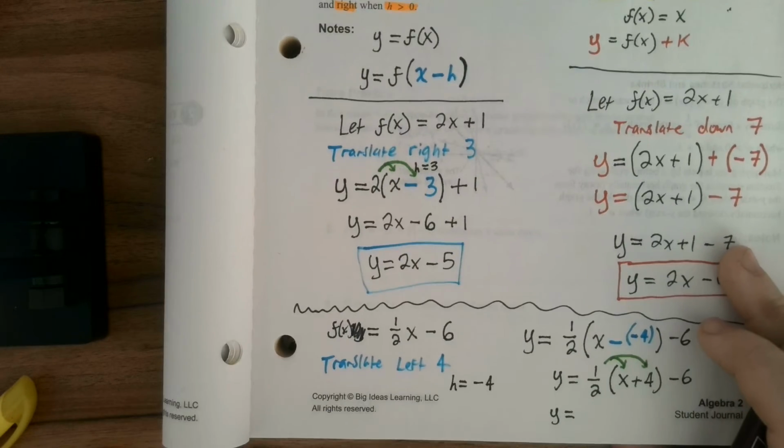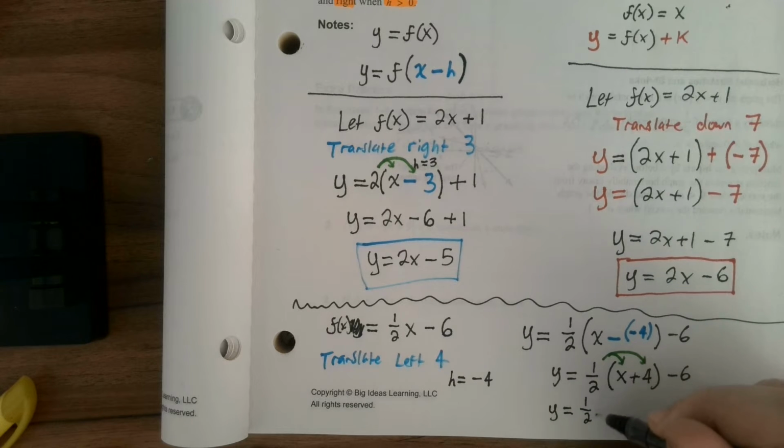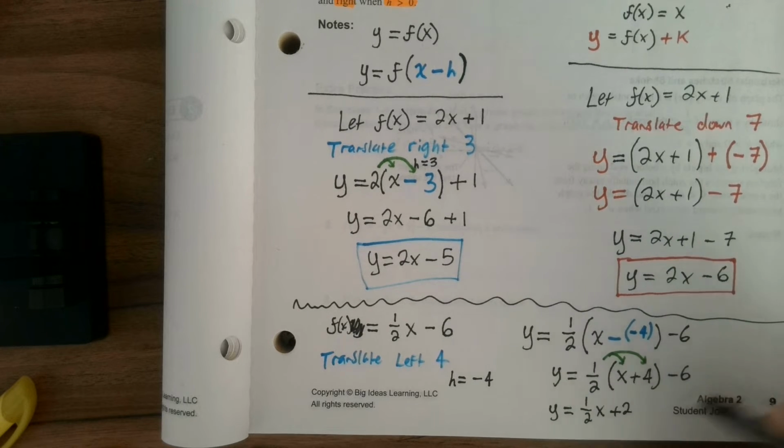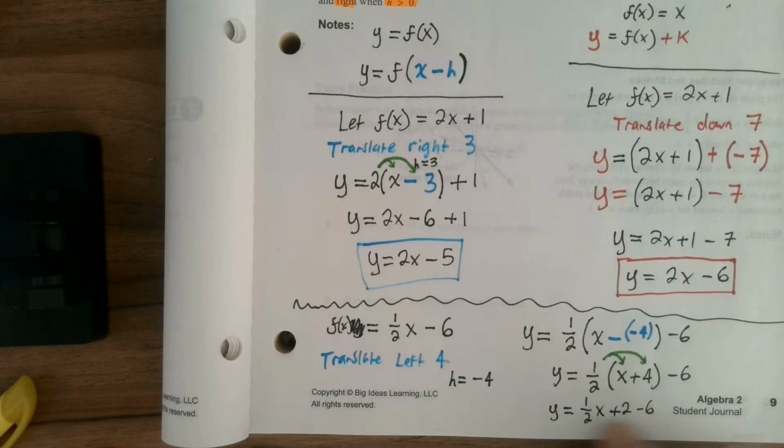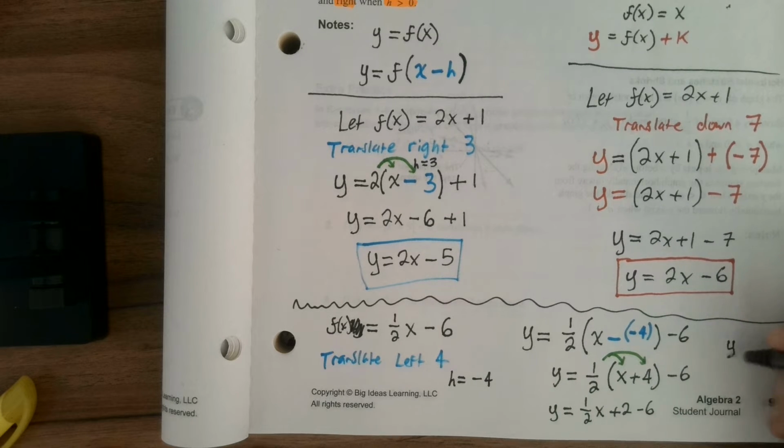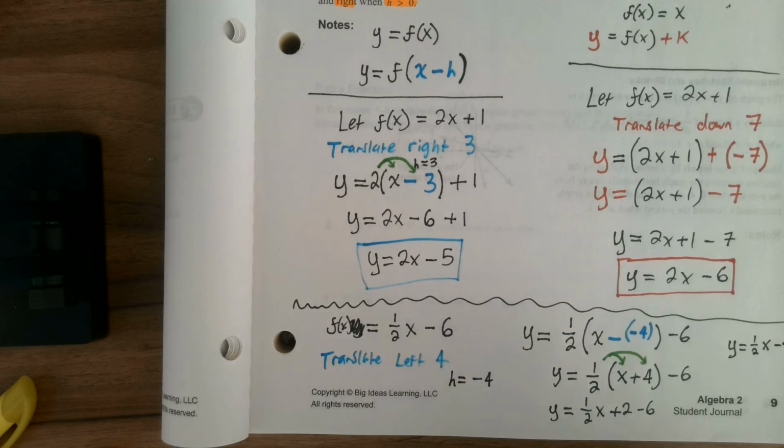So our final equation would be y equals 1/2 x plus 2 minus 6, which can be simplified to y equals 1/2 x minus 4. There we go.